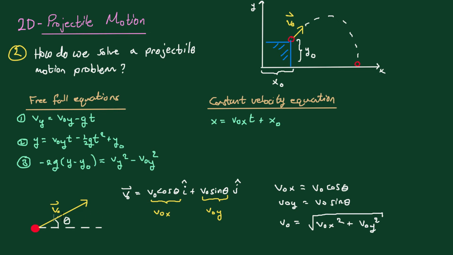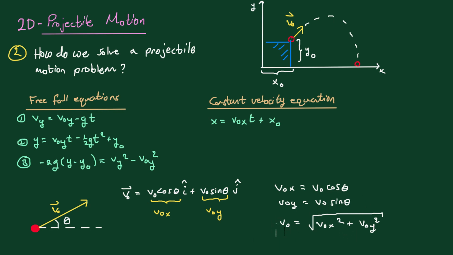This is because the vector v0 has been decomposed into two components. You have the x component of v0, which is v0x, and the y component of v0, which is v0y. And when you decompose them, you get these two, v0 cosine theta and v0 sine theta.